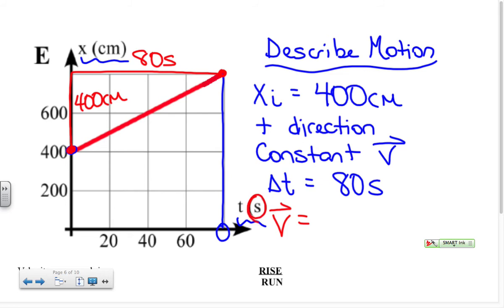Now, what I'm going to do is simply calculate what that number is. One of the things that's important is making sure that you include your units on there. So I'm going to take my rise, which in this case was 400 centimeters, and I'm going to divide that by my run, which is 80 seconds.